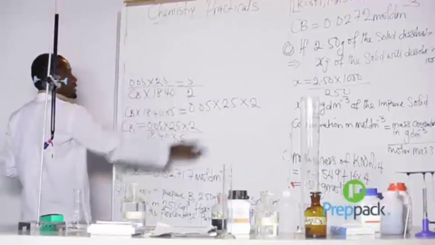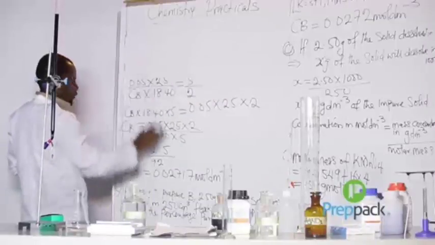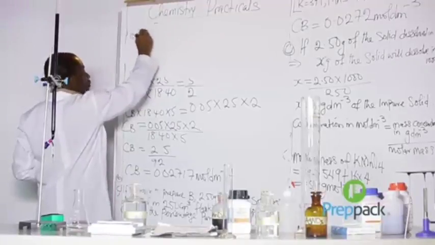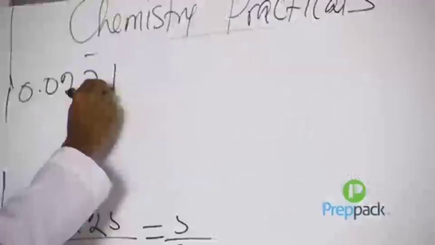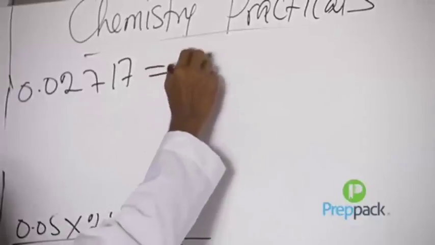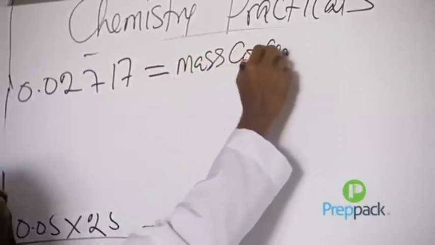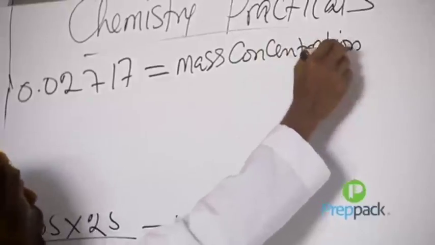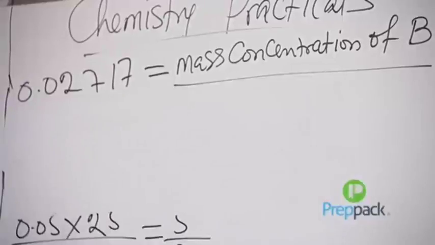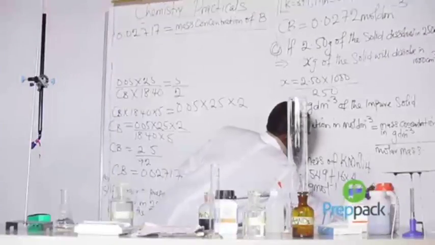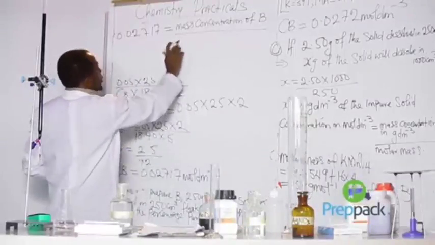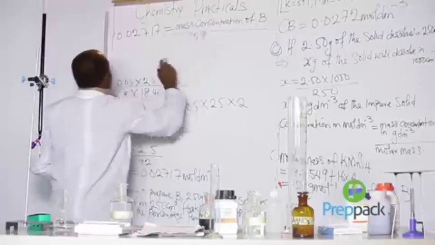So I am using the raw value instead of the approximate value. So 0.02717 is equal to the mass concentration of B over the molar mass of solution B, which is 158.